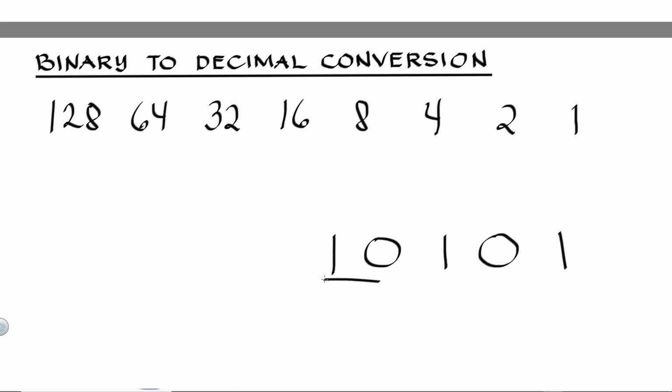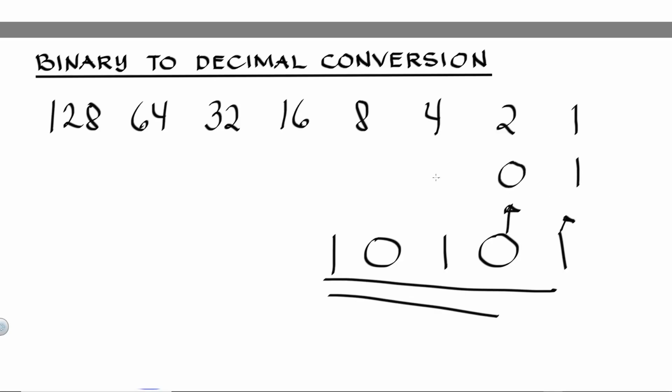And for our first set of binary, we have 1, 0, 1, 0, 1. Then we are going to write this number just below the power of 2 table. So starting from the right, 1, 0, 1, 0, and 1.